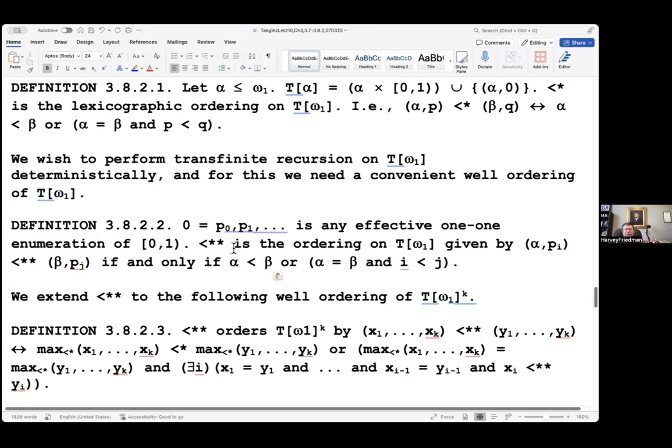So this is the lexicographic ordering again, but this time, instead of using the inherited order of rationals over here, we use the ordering that comes from here.